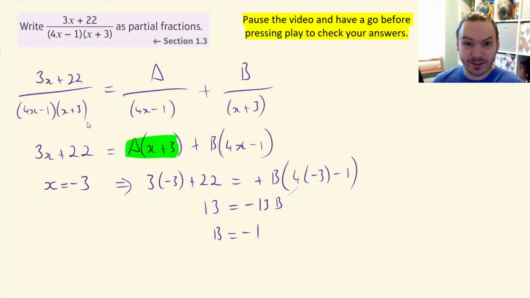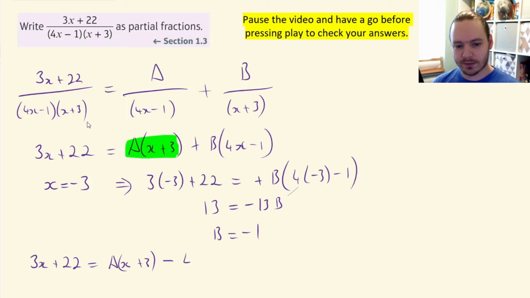And that means that B has to be negative 1. Now I know B is negative 1, I can pop it back into this equation up at the top. So I have 3x plus 22 equals A(x plus 3), take away (4x, add 1), because I know B is negative 1, so I can just plop all that in.